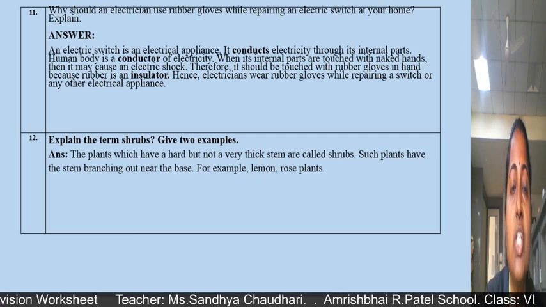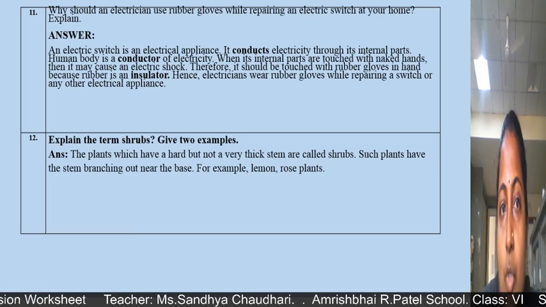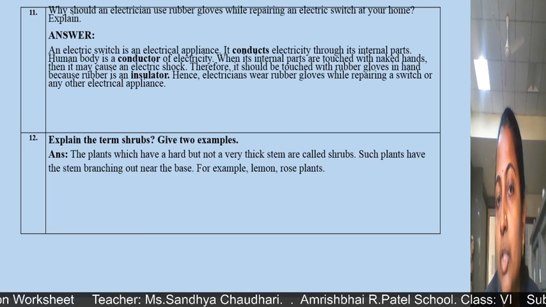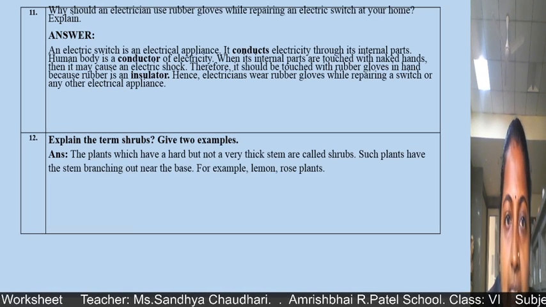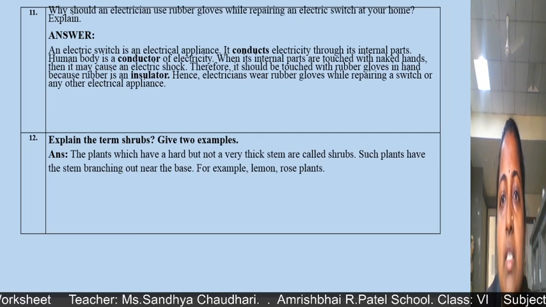Now question 11, why should an electrician use rubber gloves while repairing an electric switch at your home? Explain. Here you can see the expected points in bold. An electric switch is an electrical appliance. It conducts electricity through its internal parts.